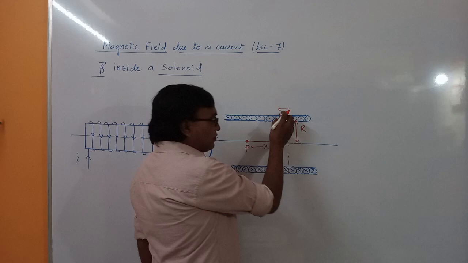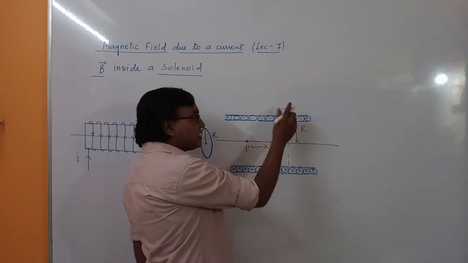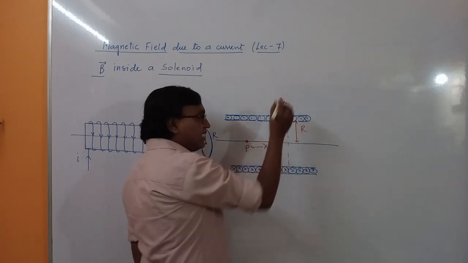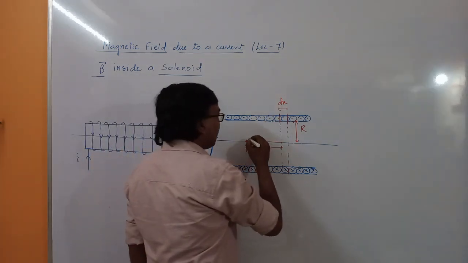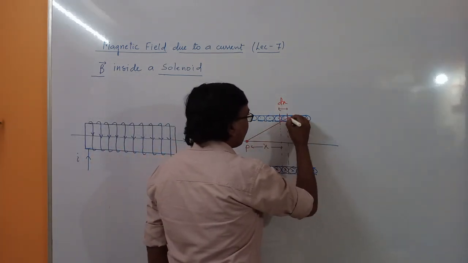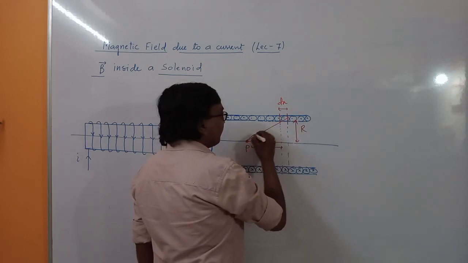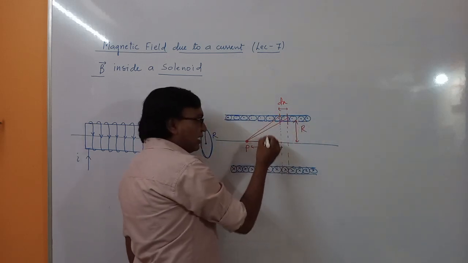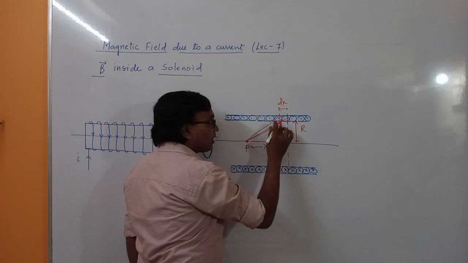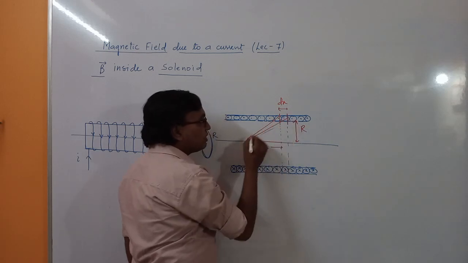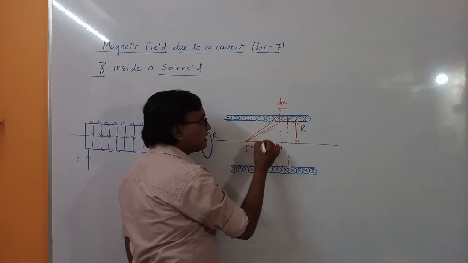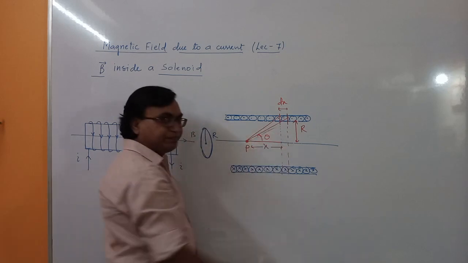Then if this is x, we will increase this distance by a small distance dx, and this is the distance from this point to this point. Let us say this is at an angle of theta.